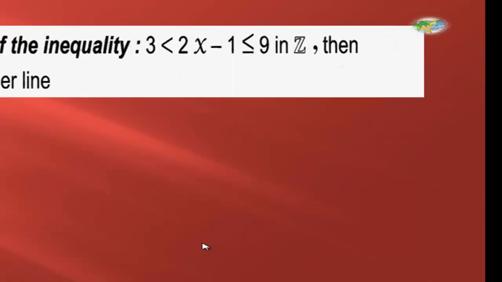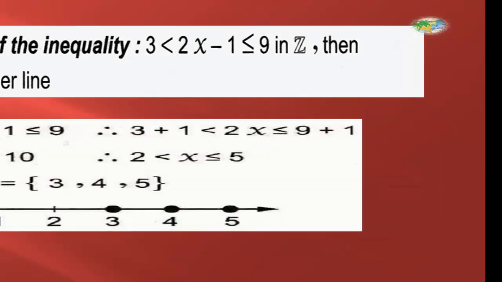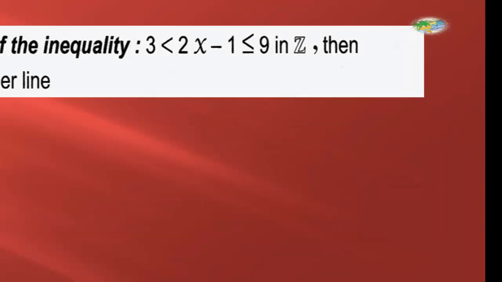Another question with the same idea: 2x minus 1 is greater than 3 and less than or equal to 9. Represent on the number line. Try to answer without help, primary 6. I am with you. This inequality has two sides, right side and left side.